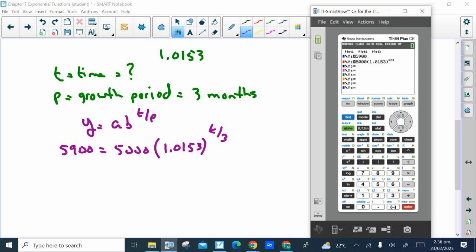We're going to have to change our windows here because that first equation, y equals 5,900, we have to have a y value of at least 5,900. So you can manually change the windows if you want. Make the y max, say, 6,000. And maybe we'll set our scale at 500.